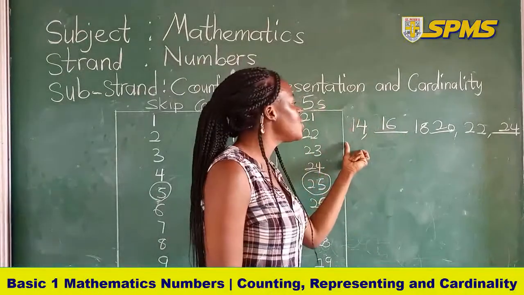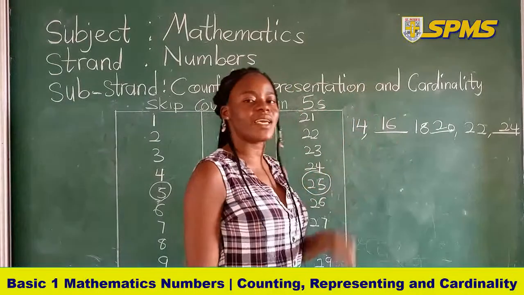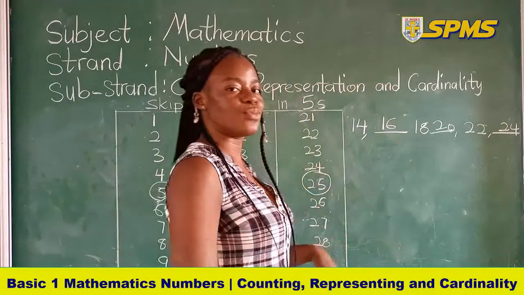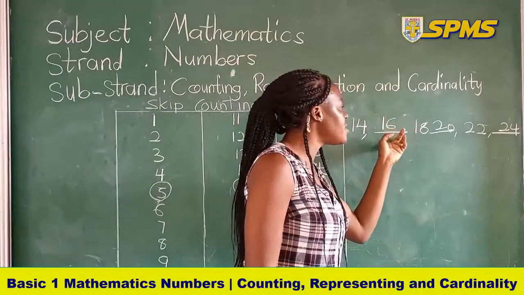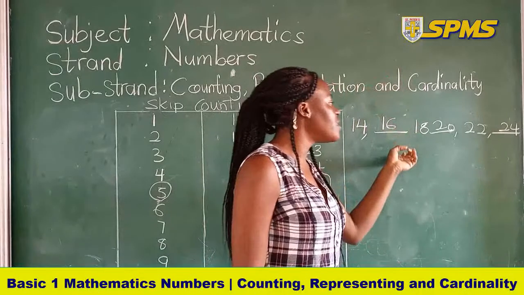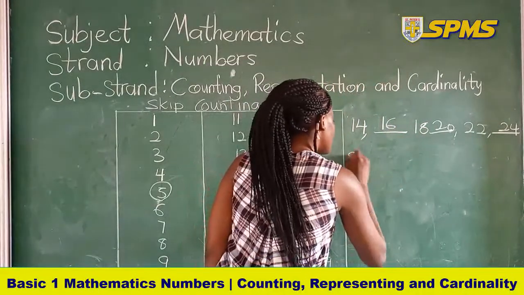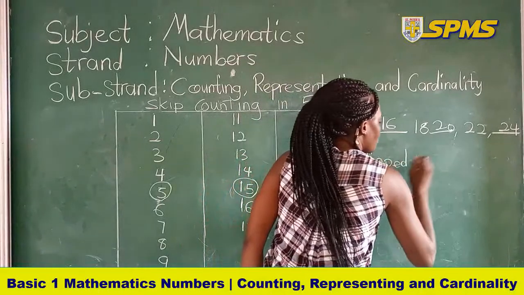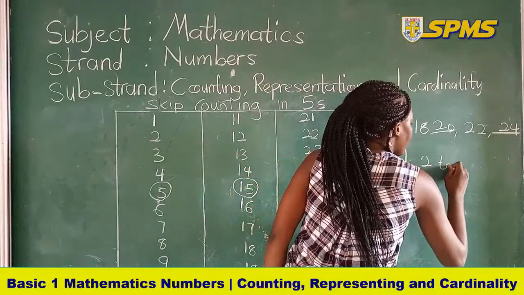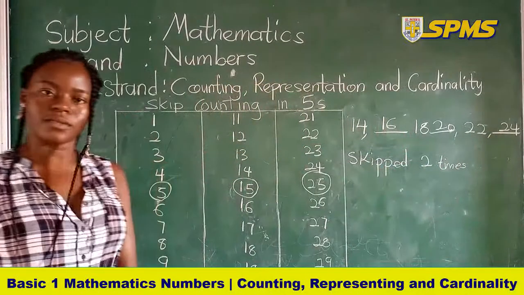From 14, we skipped 15 to what? 16. So 2. From 16, we skipped what? 17 to 18. 2. So we skipped 2 times. Good.